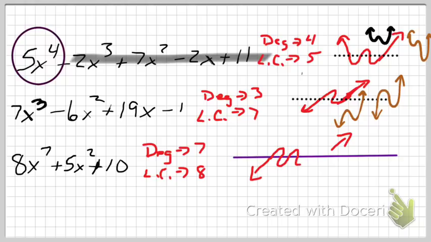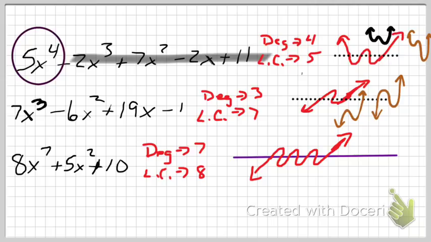Three, 4, 5, 6, 7. Now you could have, you could add some imaginaries. You could add some double roots if you wanted to be creative.